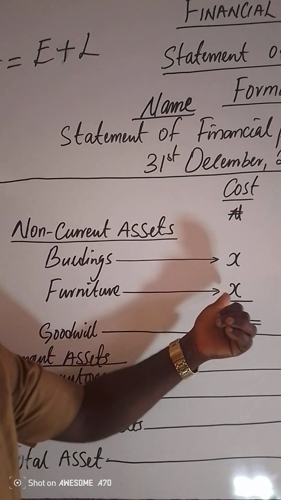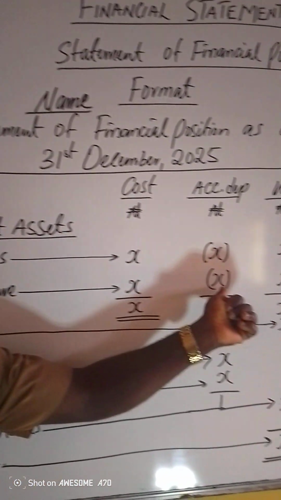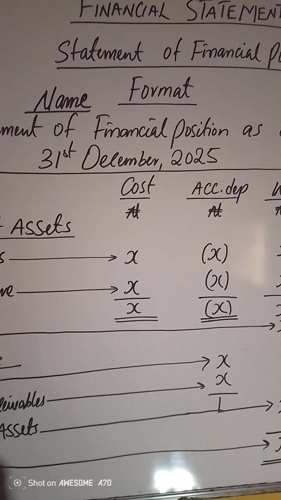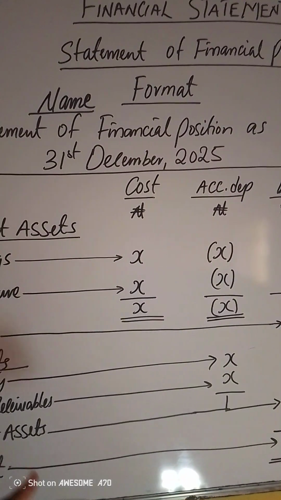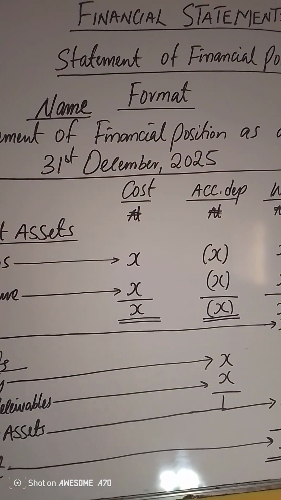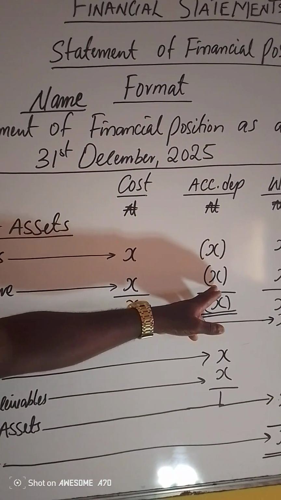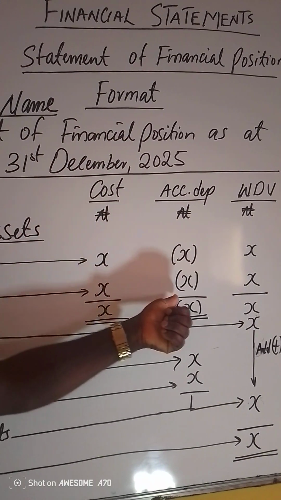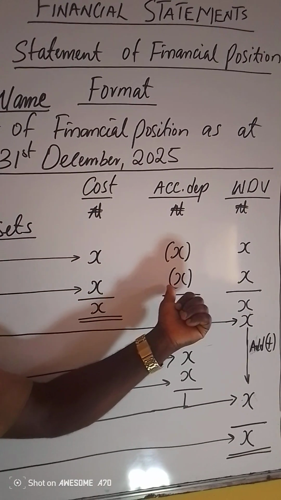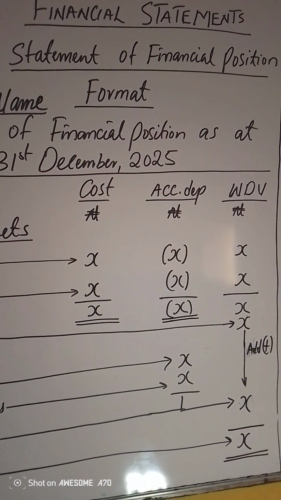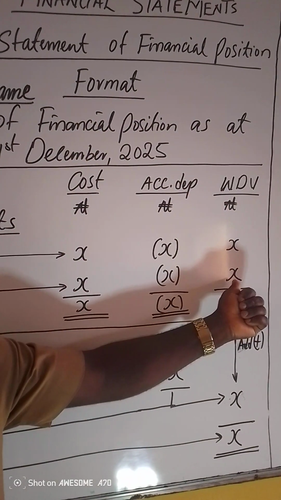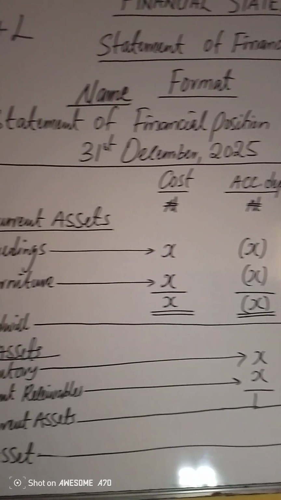You take the cost of the furniture, then its depreciation if there's any, both accumulated and current put together. If there's nothing, this will be dashed. Then when you subtract the depreciation from the cost of the furniture, you get the written down value or the net book value.